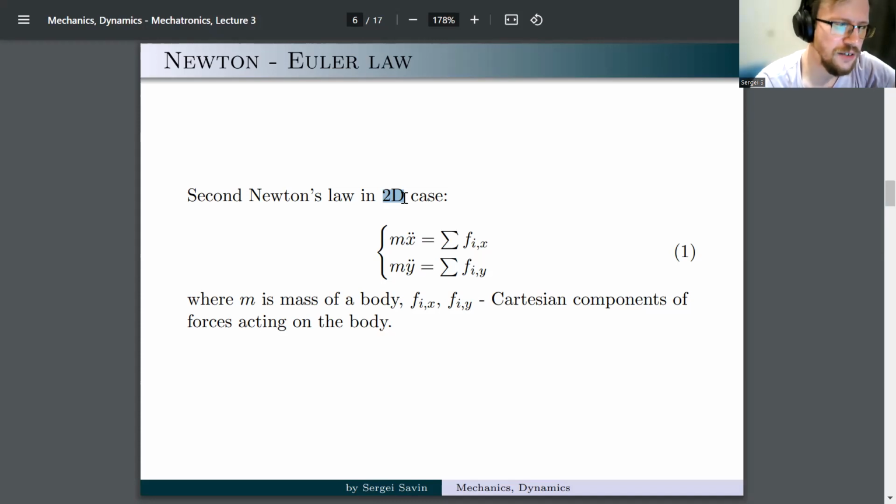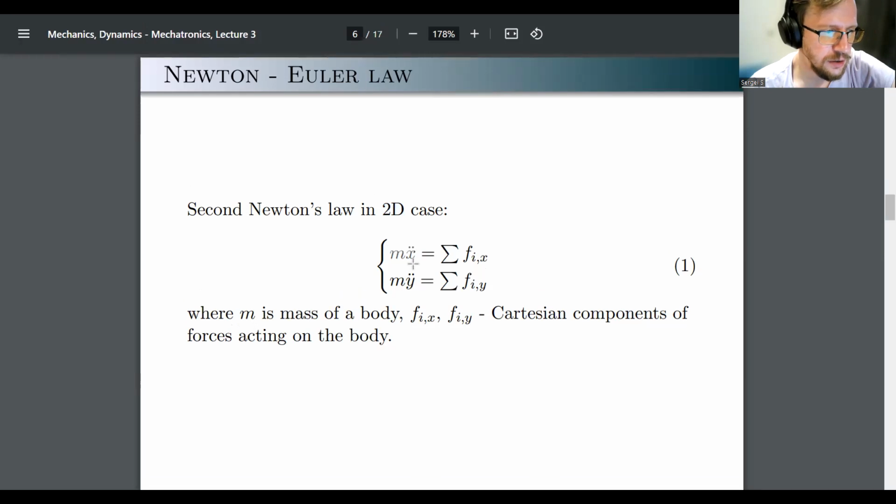And I think you probably have seen it quite a bit in high school and in your physics 1, and even theoretical mechanics. So, Newton's law in 2D case looks like this. The mass times acceleration in a certain direction is equal to the sum of projected forces in this direction.